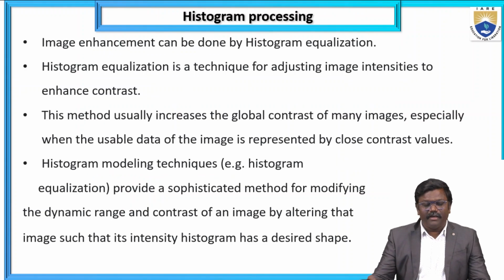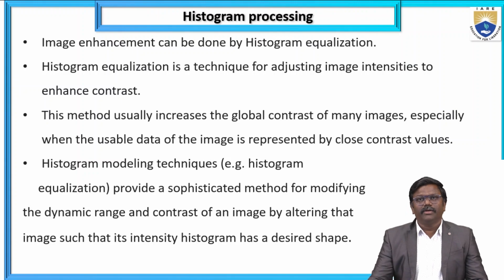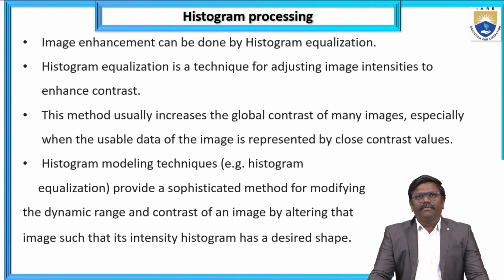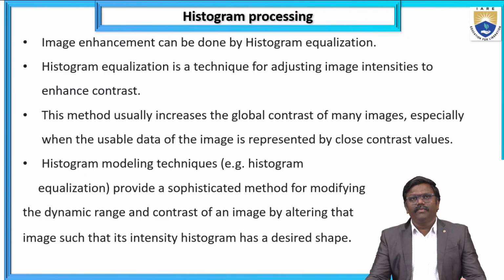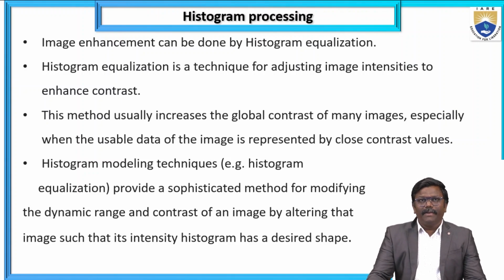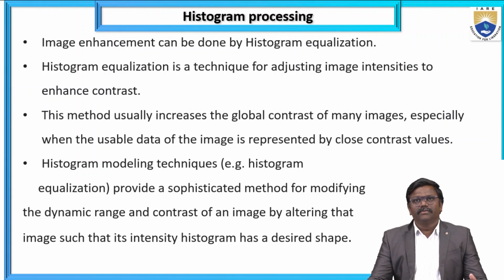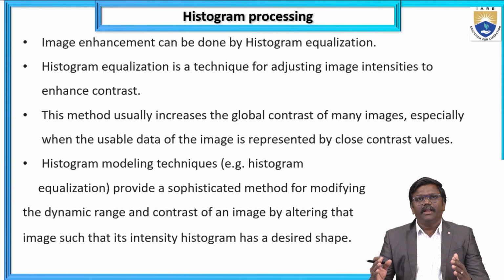Once we understand the simple definition of histogram equalization, we may concentrate on one of the applications, maybe image enhancement. So here we are concentrating on histogram processing in terms of image enhancement, which is done by the histogram technique that we call the histogram equalization technique.